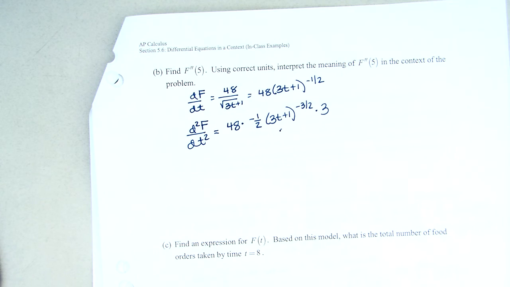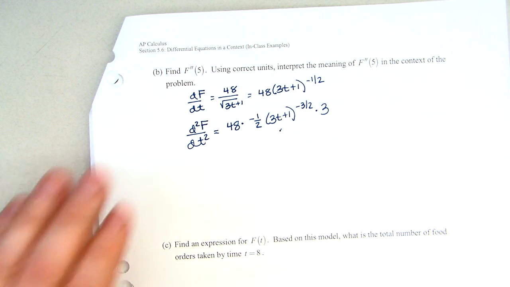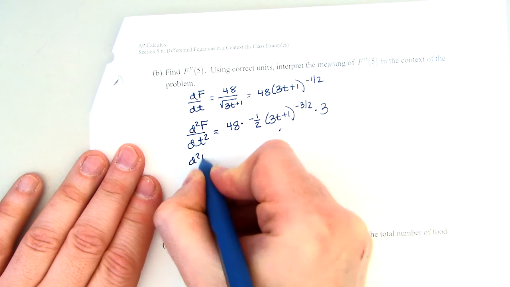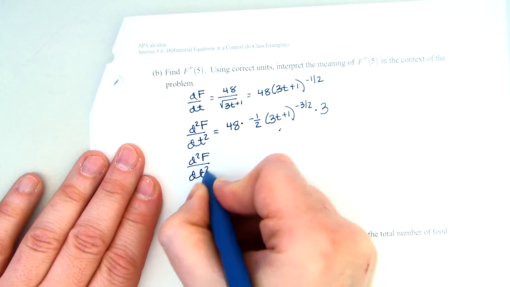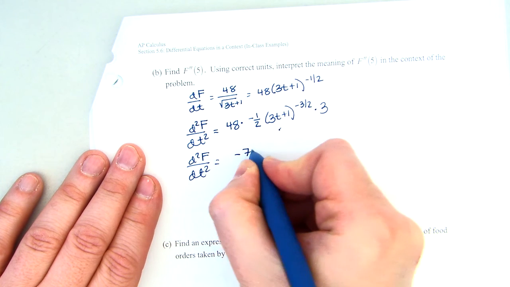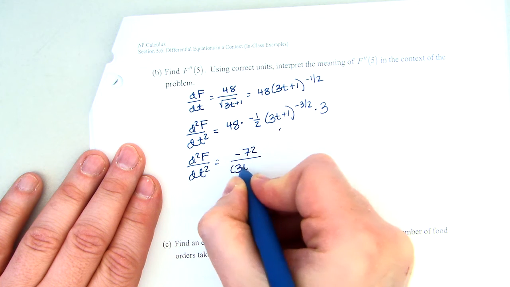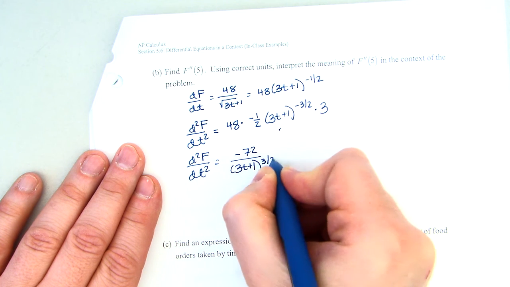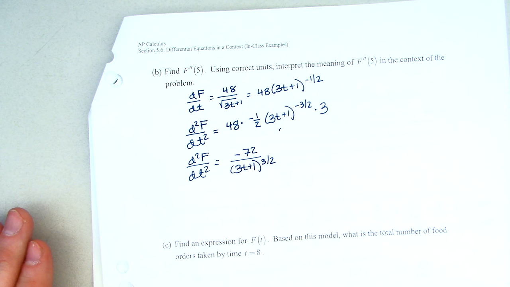Just 1. So I'm just going to say times 3 at the end. So maybe negative 24 times 3, maybe negative 72 over (3t plus 1) to the 3 halves. Find your second derivative when t equals 5 without a calculator.